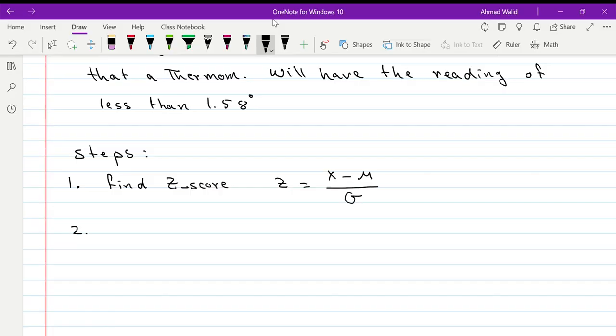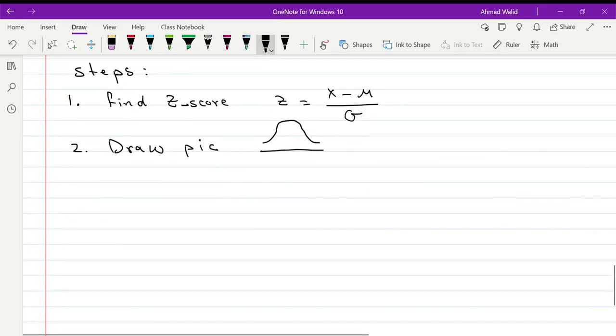Step 2, draw a picture. Draw picture doesn't mean draw any picture. It means draw this normal distribution always. Everything that we are dealing with right now is a normal distribution. Correct? Step 3, find the area.